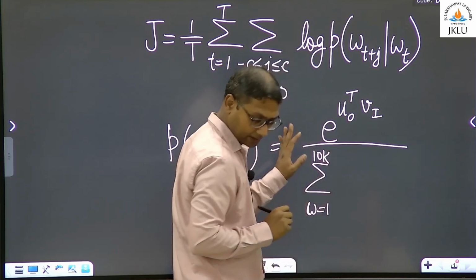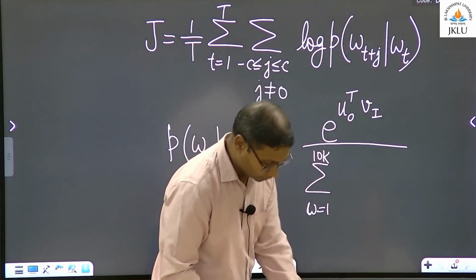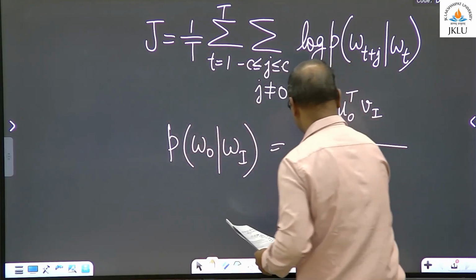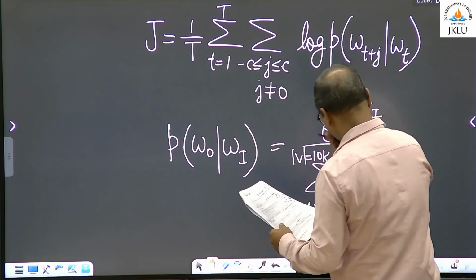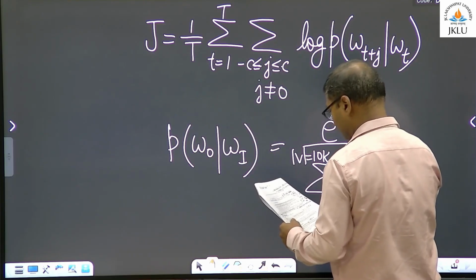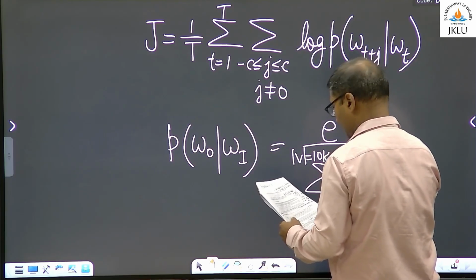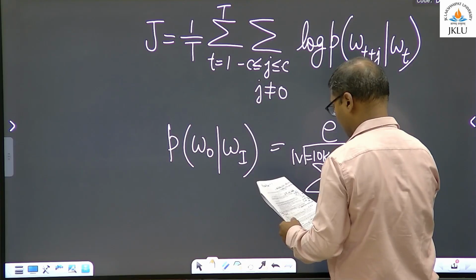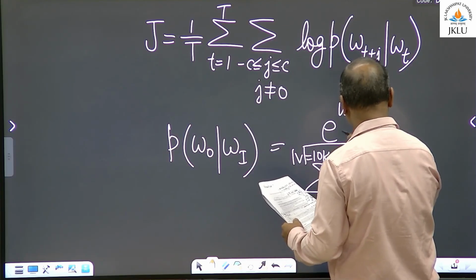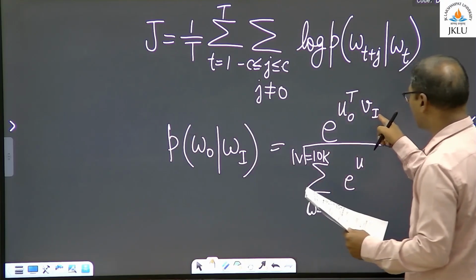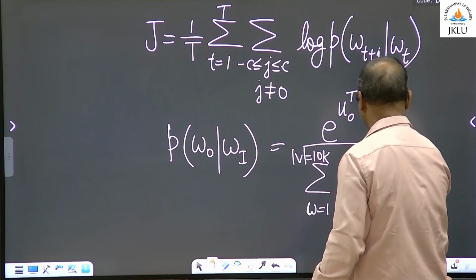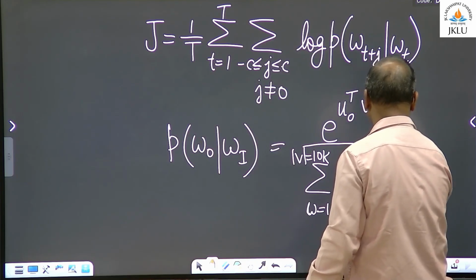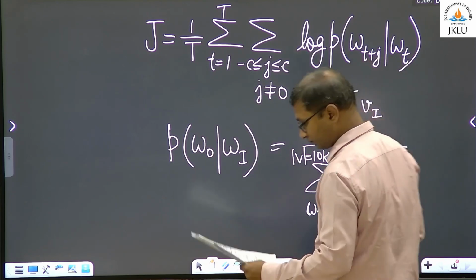We are keeping this 10k, I should have done this mod V, but that is fine. So this is basically mod V, of e to the u_W dot v_I. See, my input does not change. Is this fine?